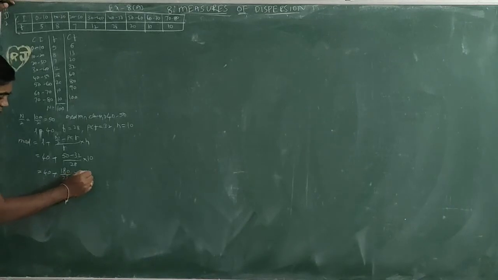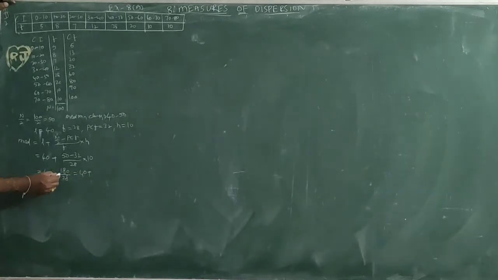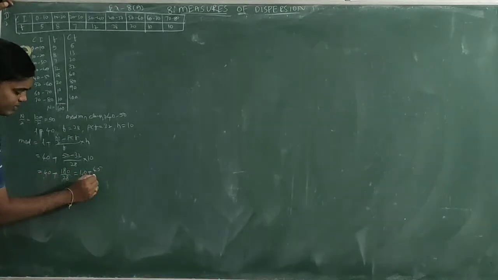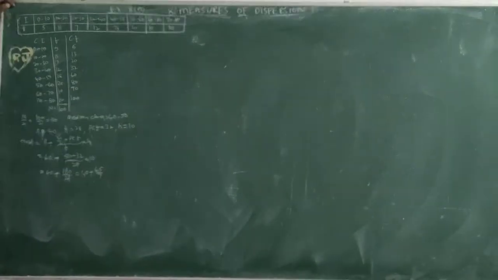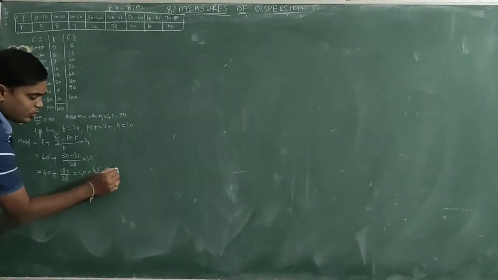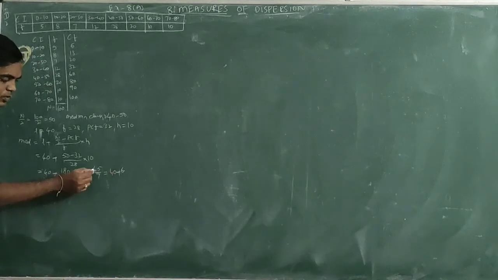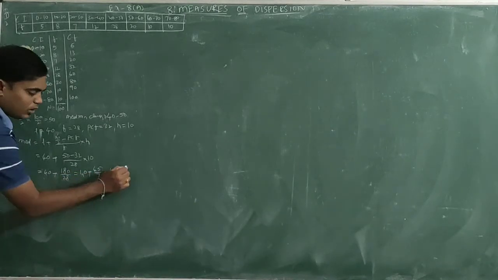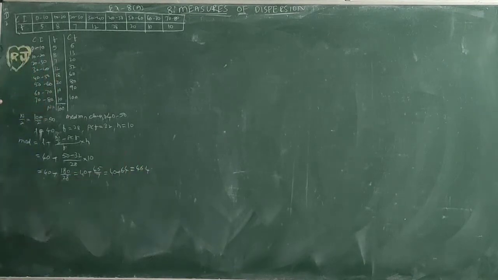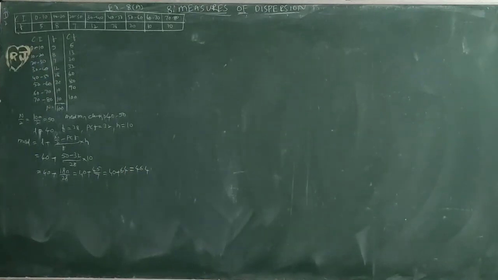Cancelling with 4 gives 45 by 7, so 40 plus 6.4. The median equals 46.4.